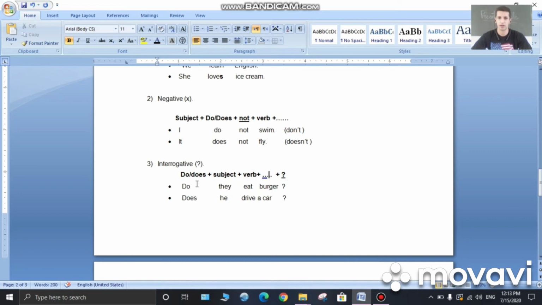Do they eat burger? And we ask the question with do because we have they. Does he drive a car? Does is the verb we start the sentence with to ask a question, and we used it because we have he. Does he drive a car?